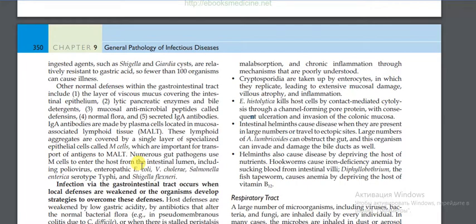That's why normal flora acts not only by preventing new bacteria from entering, but also maintains our immunity, because our lymphocytes can check new and always new antigens captured from the flora. That's the role of M cells.